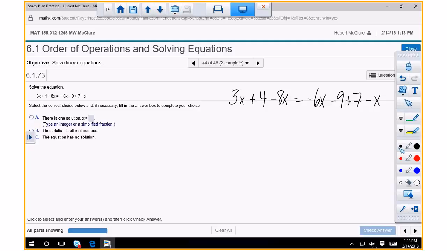Okay, let's go to the left side. What can we do on the left side? Well, 3x will combine with that negative 8x and make what? Negative 5x, Hubert. That's right, class. What's negative 6x minus 1x?